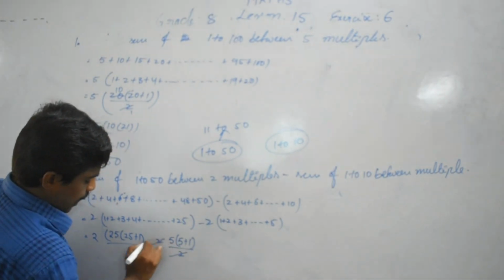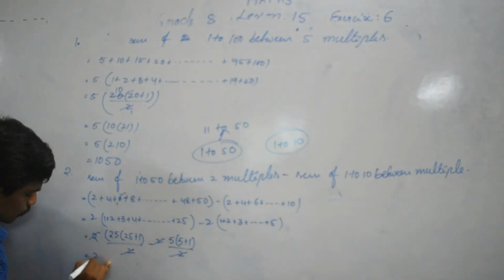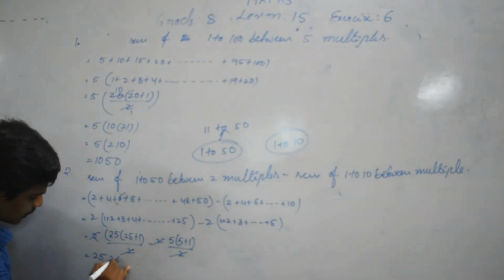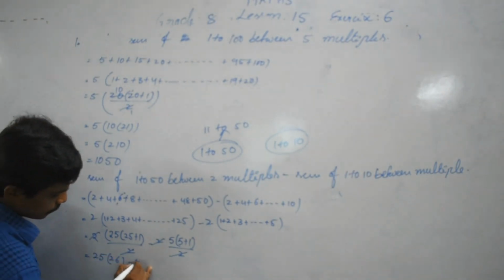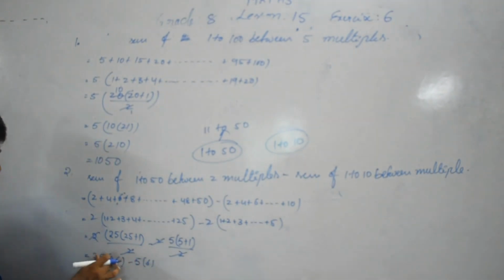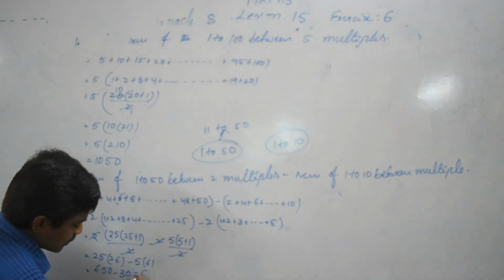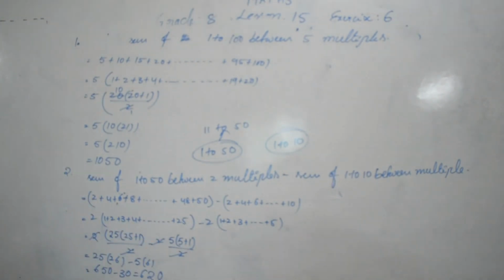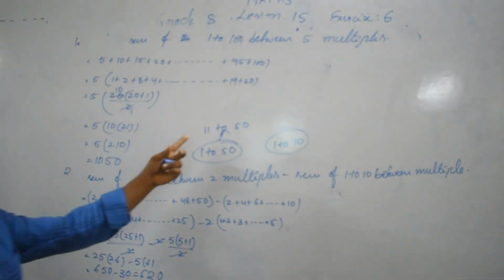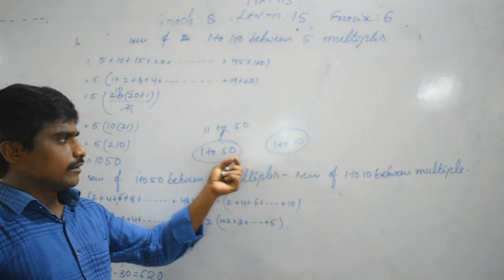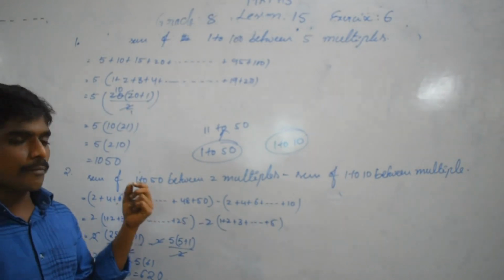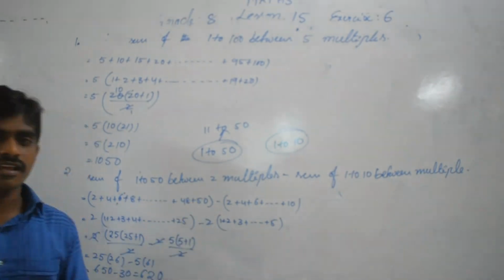So the 2s cancel. 25 times 26 minus 5 times 6. So 25 times 26 how much? 650 minus 30 is 620. That is the sum of the multiples of 2 from 11 to 50: 620.